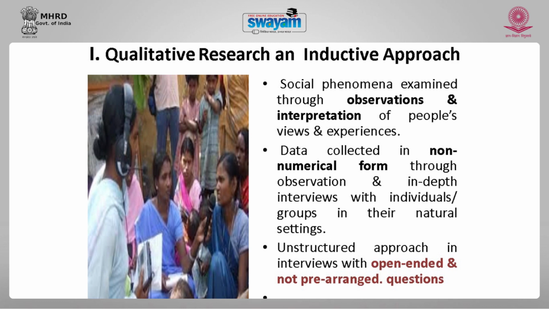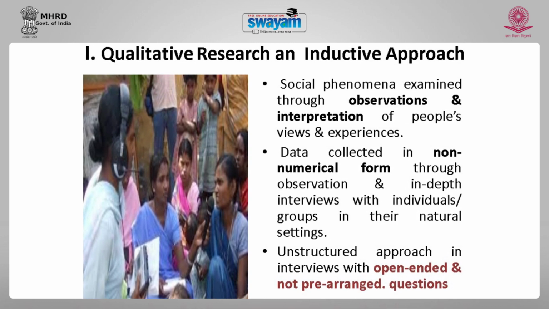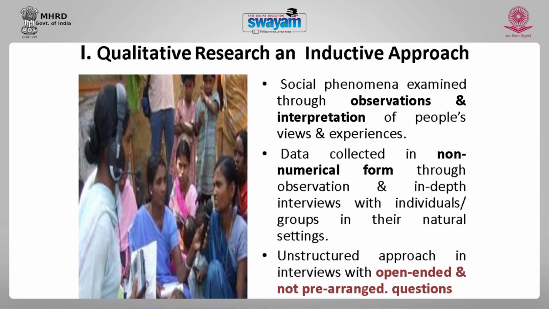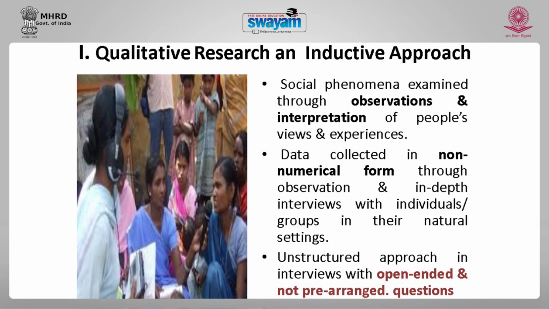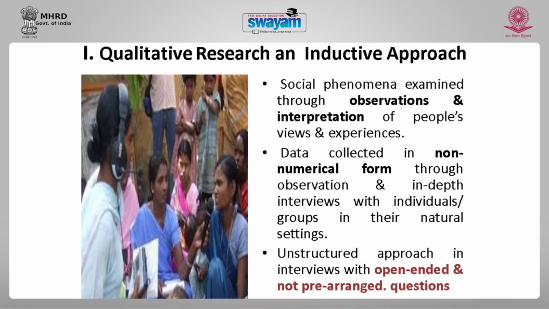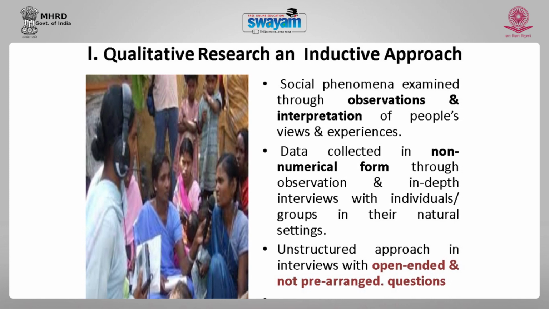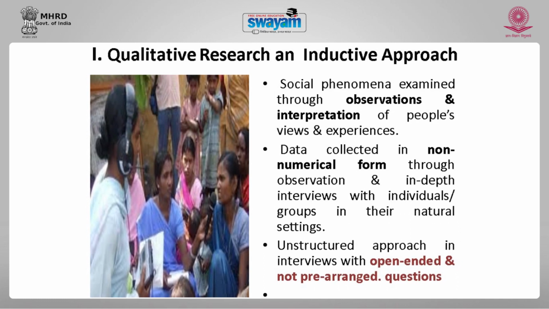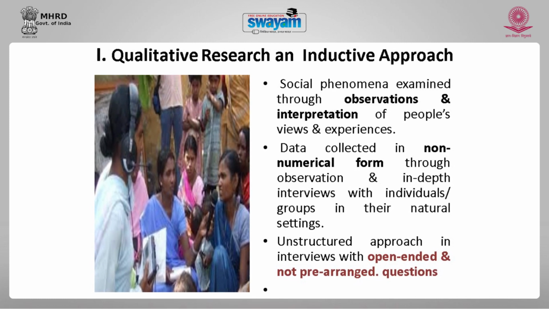So it gives you a more in-depth understanding of different facets of any phenomena, and this data is collected in non-numerical form through observation and in-depth interviews with individuals and groups in their natural settings. And most of the ways that we ask people about any kind of practice or attitude is done in a very open way, and we generally call it open-ended and not pre-arranged questions.